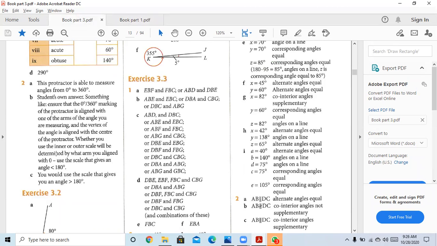Whether you use the inner or outer scale is determined by which arm you aligned with 0, and use the scale that gives an angle less than 180. And for part C here, you would use only the scale that gives you an angle greater than 180.